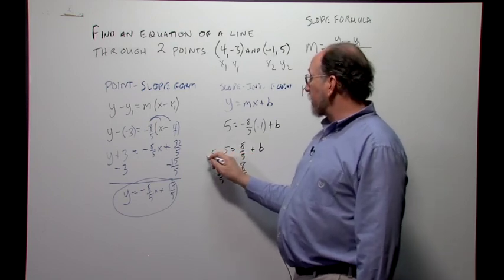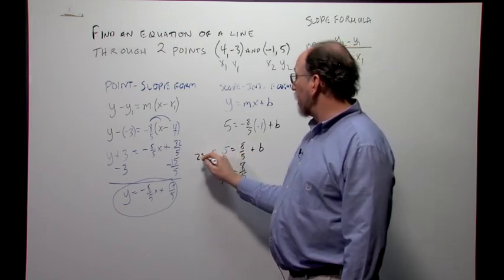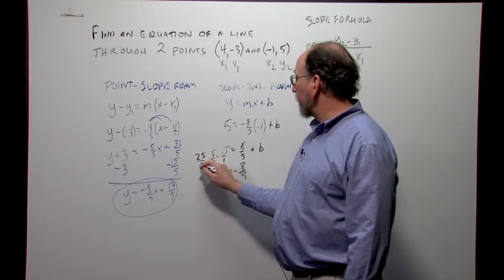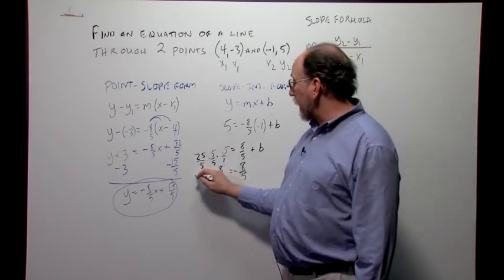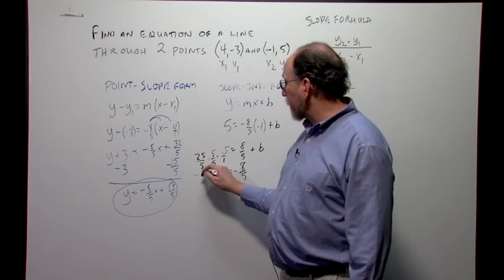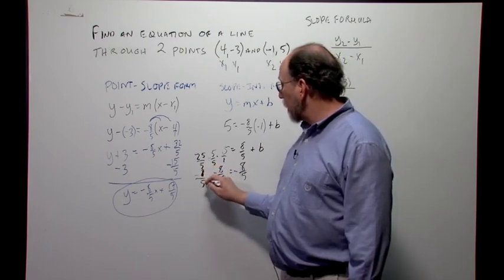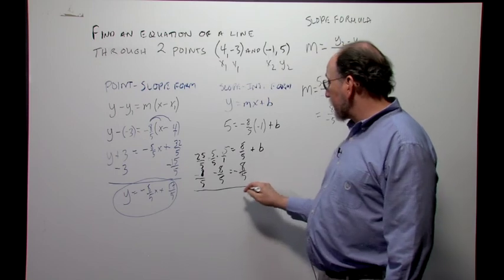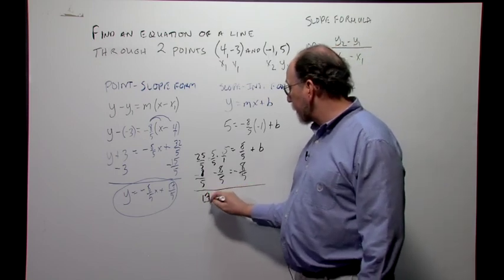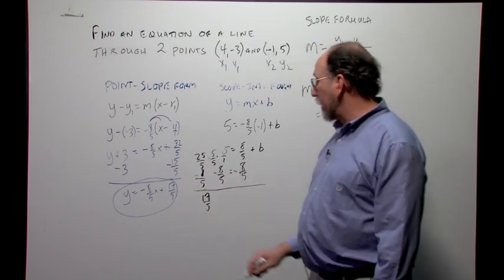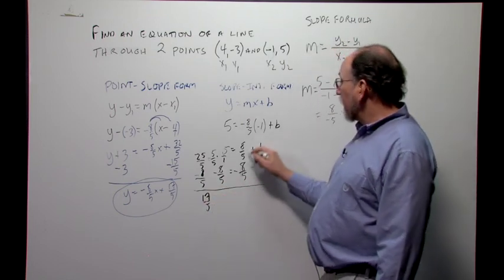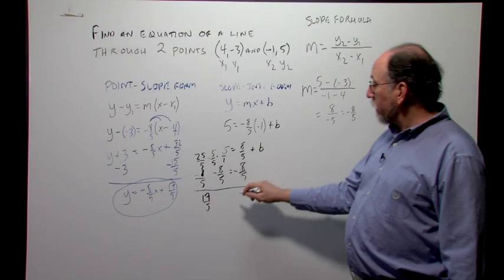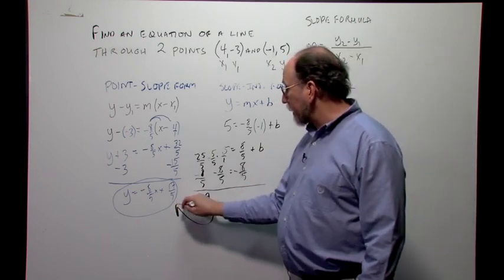And 5 times 5 is 25/5. So that's how many fifths there are in 5. And if I subtract that 8/5, let's just move it over here so it's visual. 25 minus 8 is 17/5. That's the same b value I had over here. So, again, using that 17/5, in this slope negative 8/5, I can write it as that answer as well.